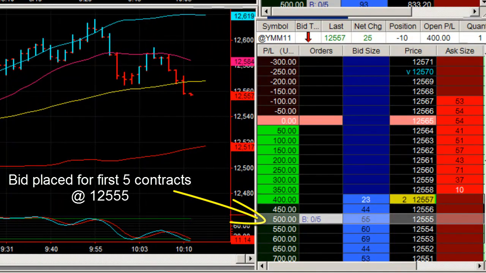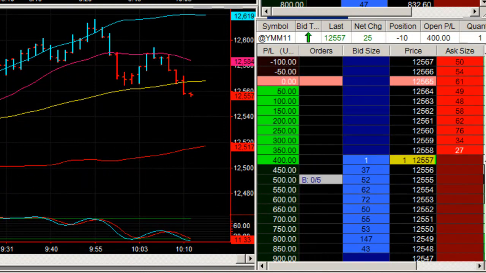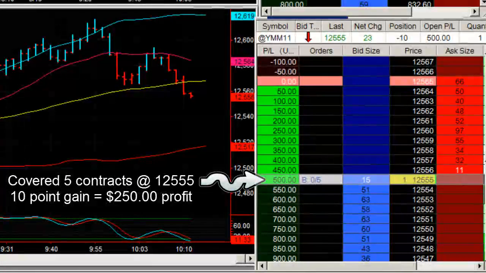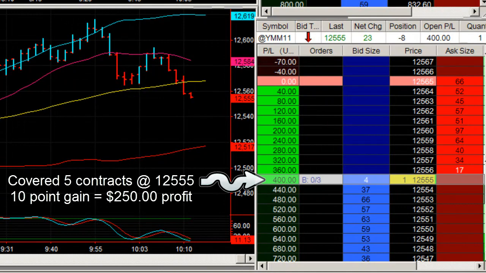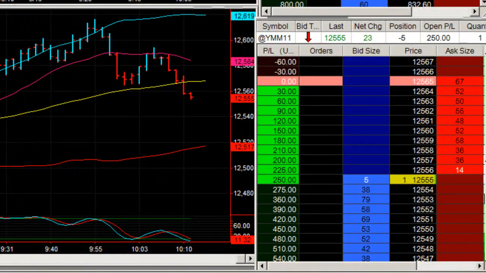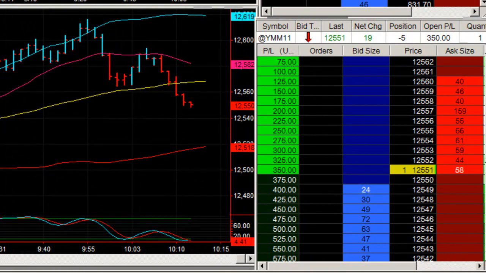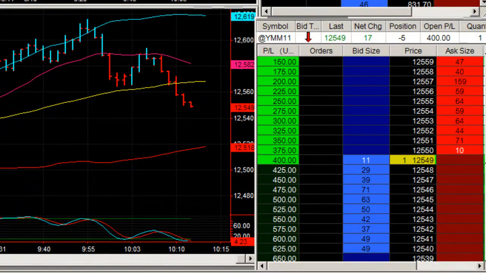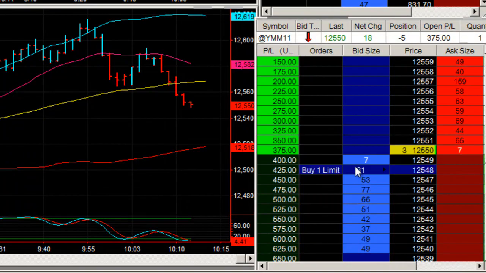Now here we place our bid for the first 5 contracts at 12,555, which equals 10 points. And we just got filled. We covered 5 contracts at 12,555 for a 10-point gain, and we just made a $250 profit with 5 contracts left.